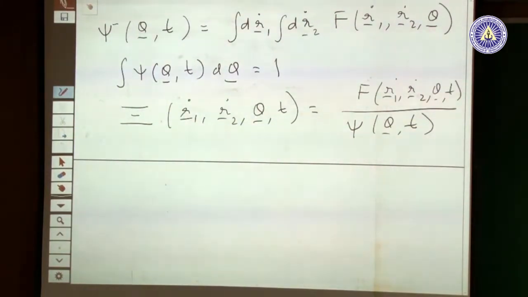Often we assume that this distribution is Maxwellian about the solvent velocity field. What do I mean by that?